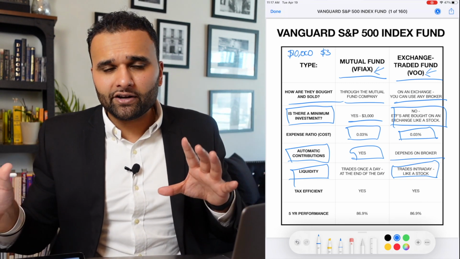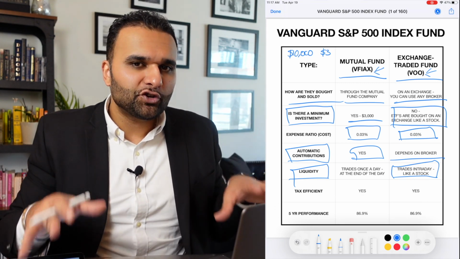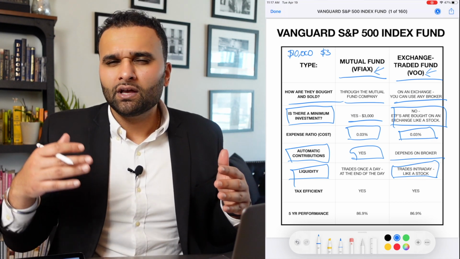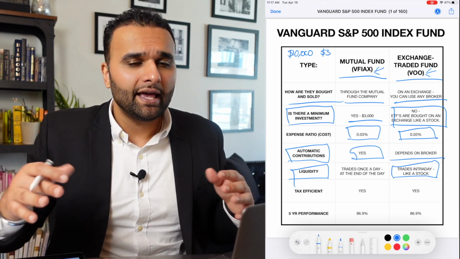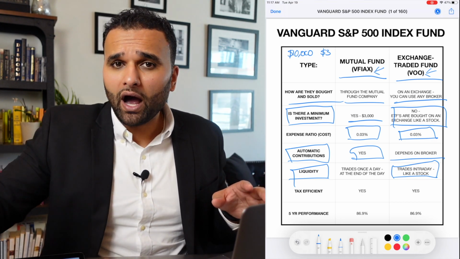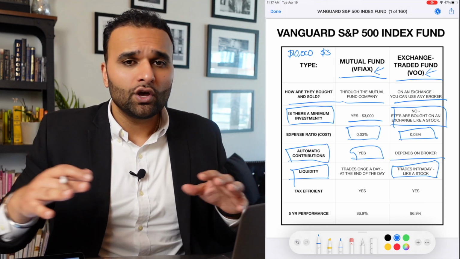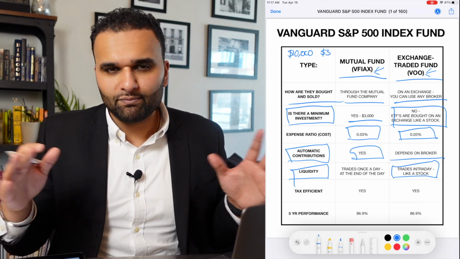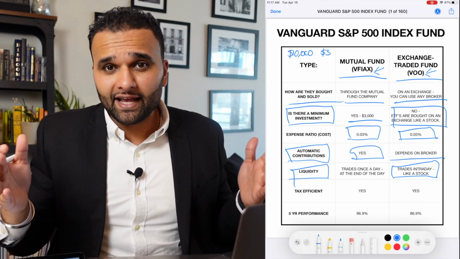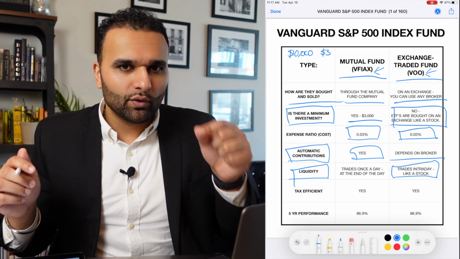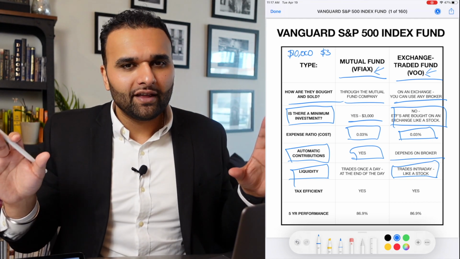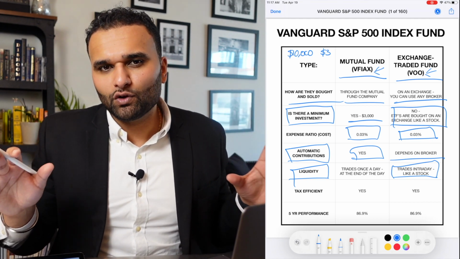Now many day traders and institutional investors day trade S&P 500 index funds, particularly SPY. And with ETFs like SPY, you can buy short positions and you can buy options contracts, which you cannot do with a mutual fund. So if trading intraday is important to you, ETFs are the way to go. But again, I don't think that applies to 99% of you watching this video.